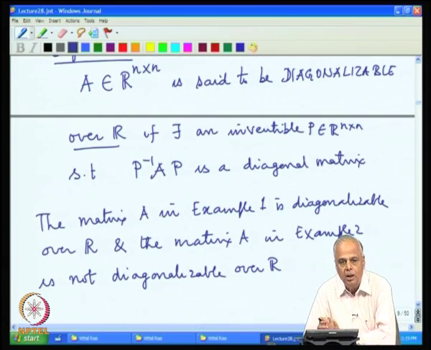As observed, the matrix of example 1 is diagonalizable over R, the matrix of example 2 is not diagonalizable over R. It therefore becomes necessary for us to derive some conditions under which, if A satisfies these conditions, we are guaranteed that A is diagonalizable over R, and if A does not satisfy these conditions, then A is not diagonalizable over R.